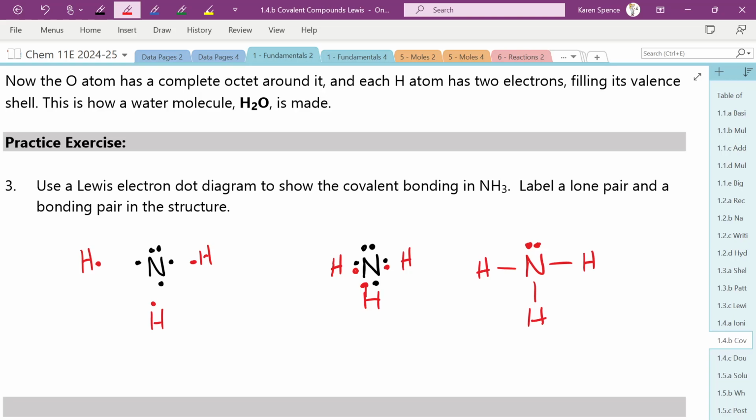So you can check your structure against mine. Did you get the same thing? Good. Okay, question for you.